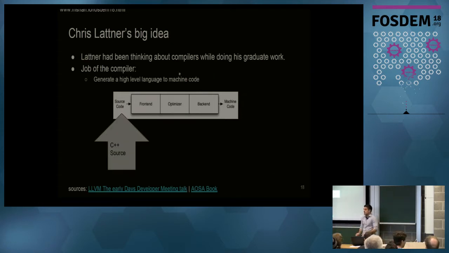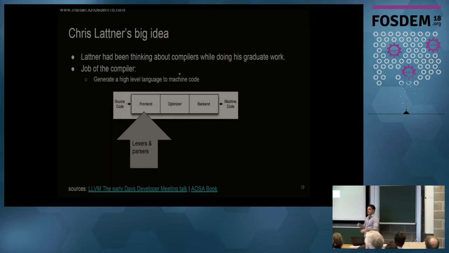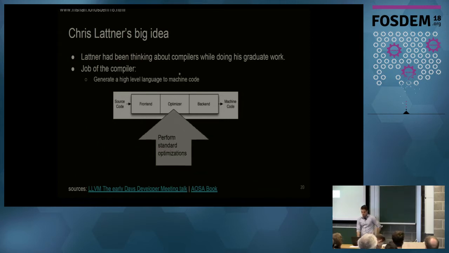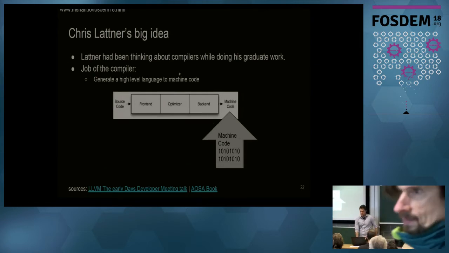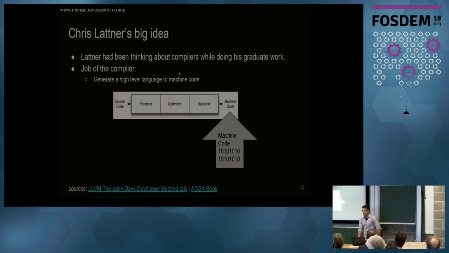So we have our C++ source or language of choice. It gets lexed and parsed to make sure it's a valid program. There's optionally, I guess, an optimizer that makes our code better for us, and a backend that generates code for our machines. Okay, then we can finally execute our programs.